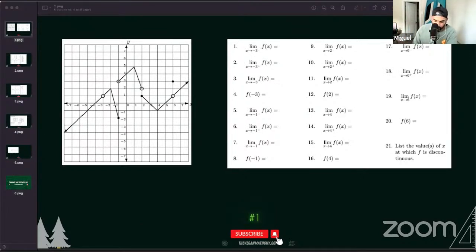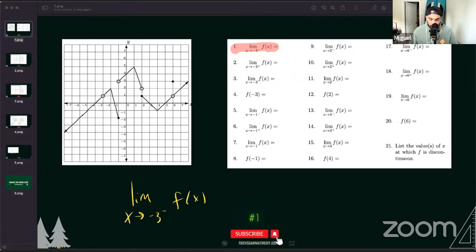So let's briefly talk about question number 1. Let me highlight this. If you'll notice, they're asking, what is the limit as x approaches -3 from the left side?